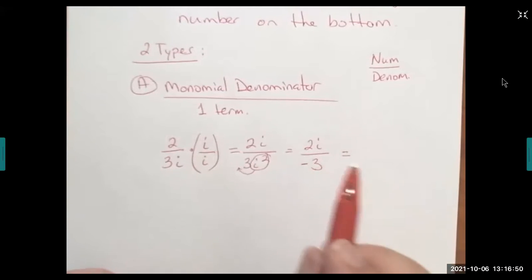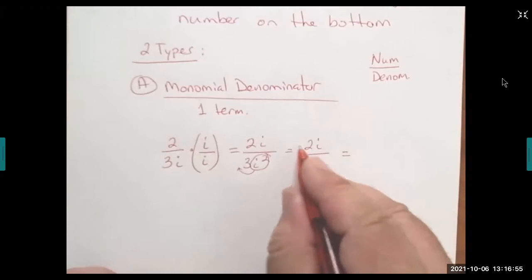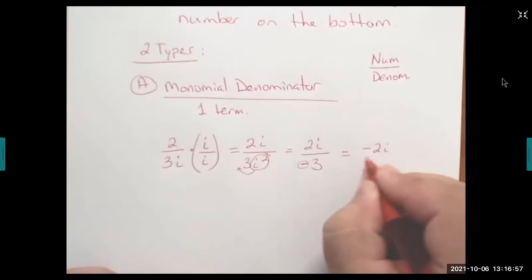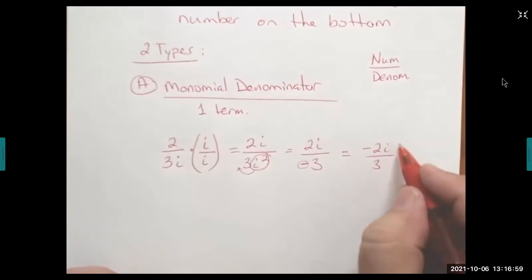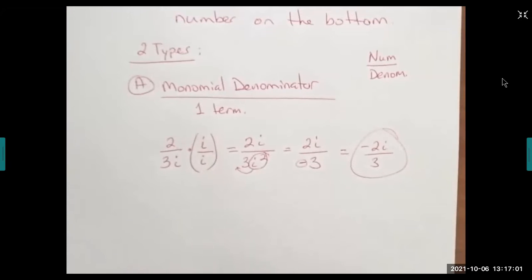Typically, common convention of mathematics says that we don't want a negative on the bottom. So if you have a negative on the bottom, just bring it up on top. And there's your answer. It's not wrong, it just looks weird if you have a negative on the bottom. Just bring it up on top.